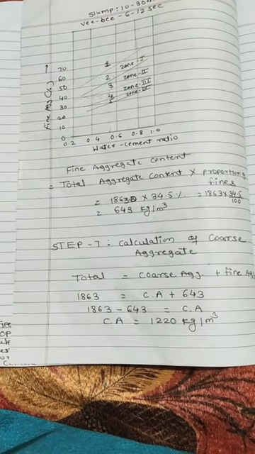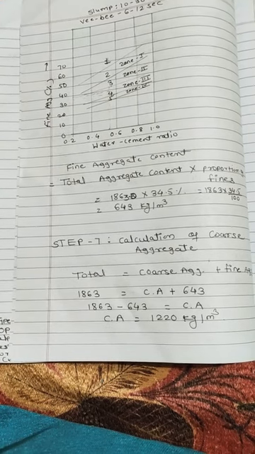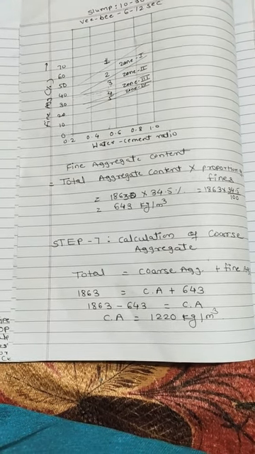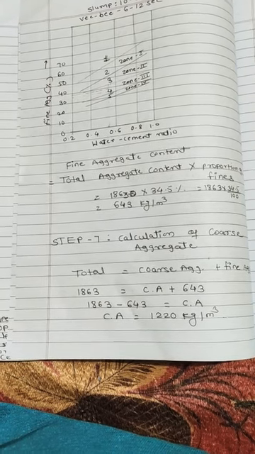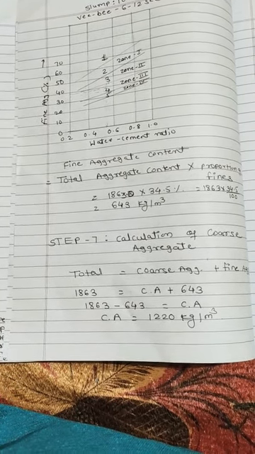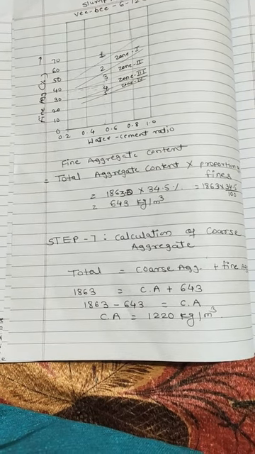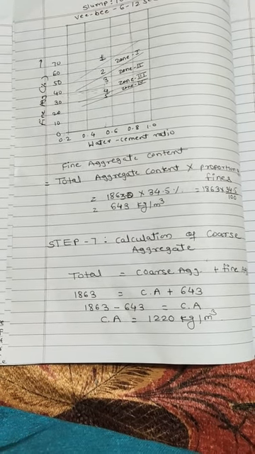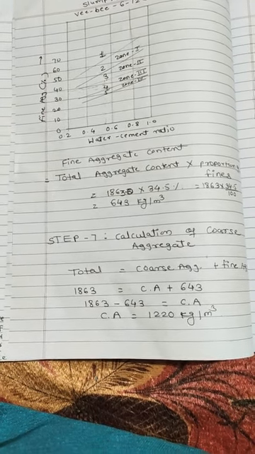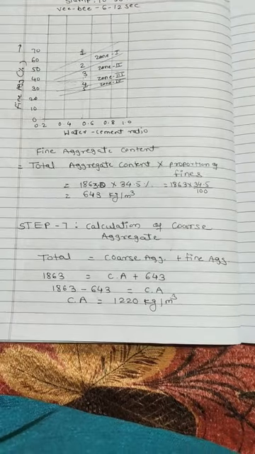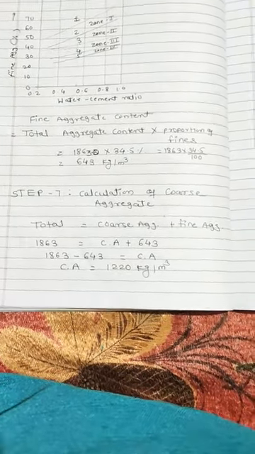Fine aggregate content equals total aggregate content into proportion of fine aggregate. In step number 5 we calculated total aggregate content as 1863, and in step number 6 the proportion of fine aggregate from the graph is 34.5. So our fine aggregate content is 643 kg per meter cube. Now step number 7, calculation of coarse aggregate.